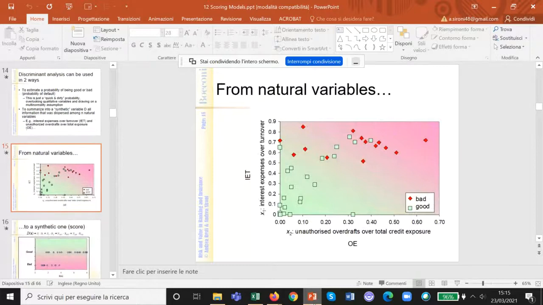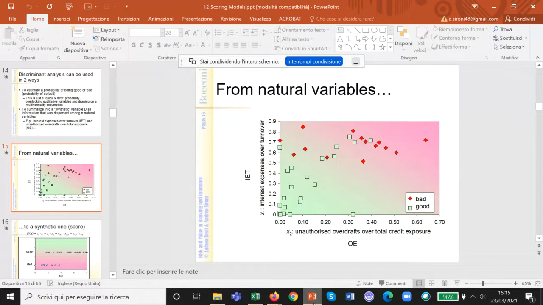So the problem that we have is, how do we move from the natural variables that you see here? Again, we have the same two variables. On the y-axis, you have interest expenses over turnover. On the x-axis, you have unauthorized overdrafts over total credit exposure.